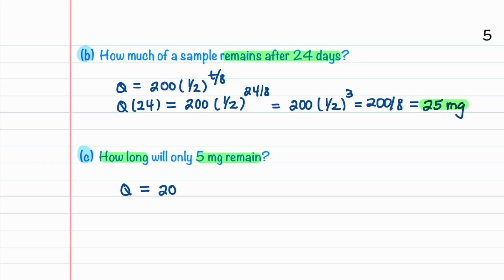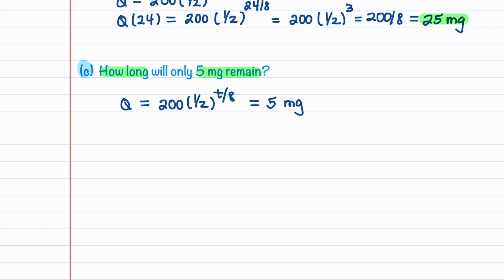So this is 200 times 1/2 to the t over 8, and we want to know when this is going to equal 5 milligrams. Let's go ahead and divide both sides of our equation by 200. So we have 1/2 to the t over 8 is 5 over 200, which is just 1 over 40.